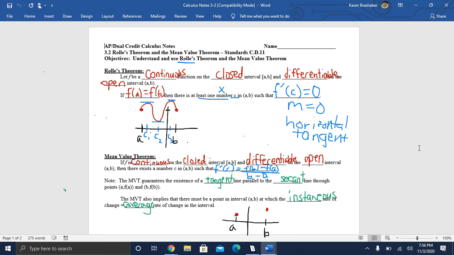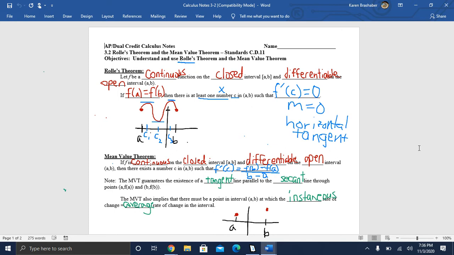Then we have the mean value theorem. That's your second theorem that we'll be studying today. The mean value theorem has two conditions that are exactly the same as Rolle's, and that is that you have to have a continuous function on a closed interval and a differentiable function on the open interval.